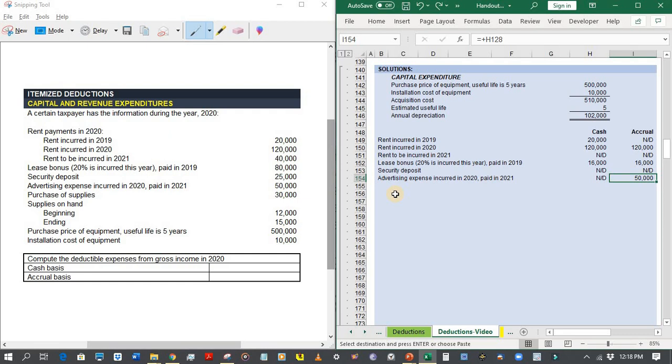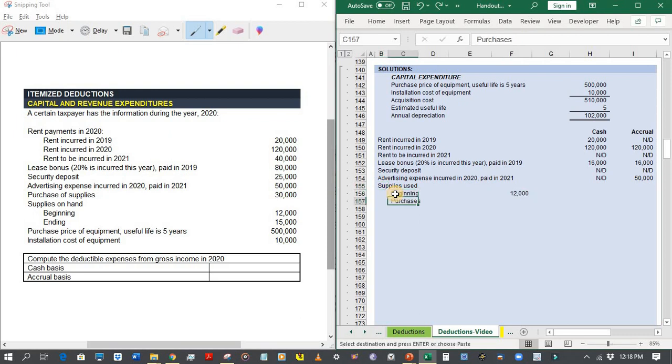Then for purchases of supplies, we have 30,000 pesos. Since this is not an acquisition of services, but goods or supplies, this will be deductible only when used or consumed. So let us compute the amount of supplies consumed. We start with the beginning supplies, which is 12,000.